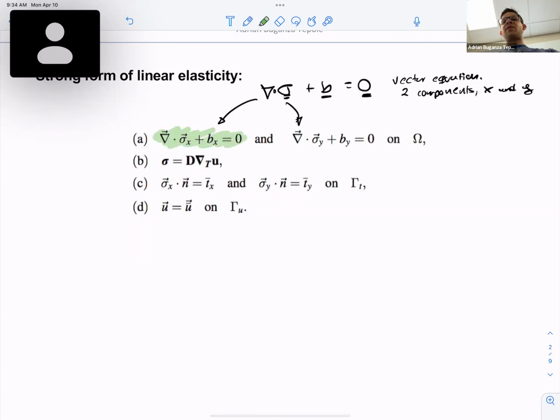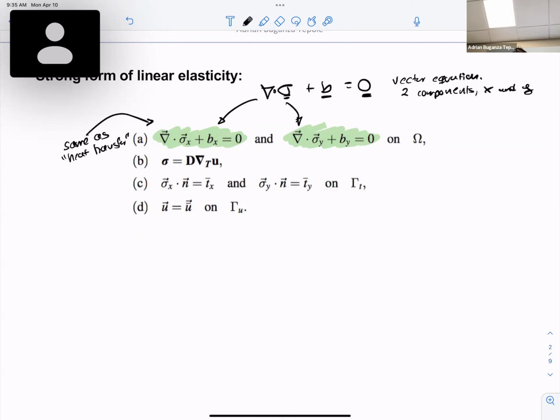So this is one of the equations that you need to solve, and this is the other equation that you need to solve. And you can see that this is basically the same as the heat transfer, where there is the divergence of some vector. The sigma x is the vector of x forces or x stresses plus bx, which is just the body force x component.